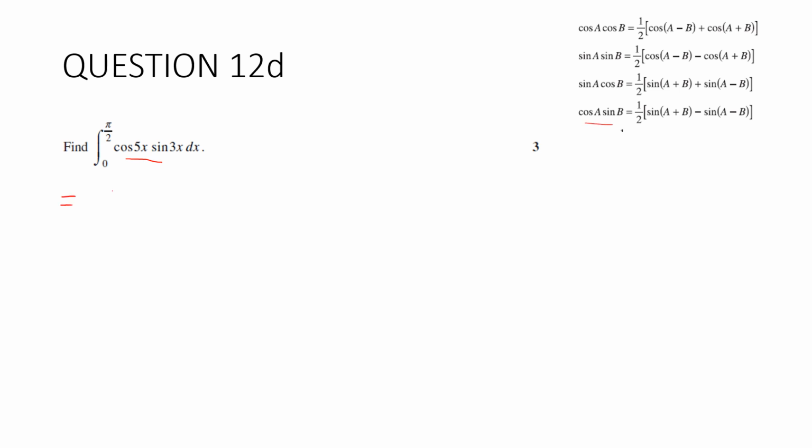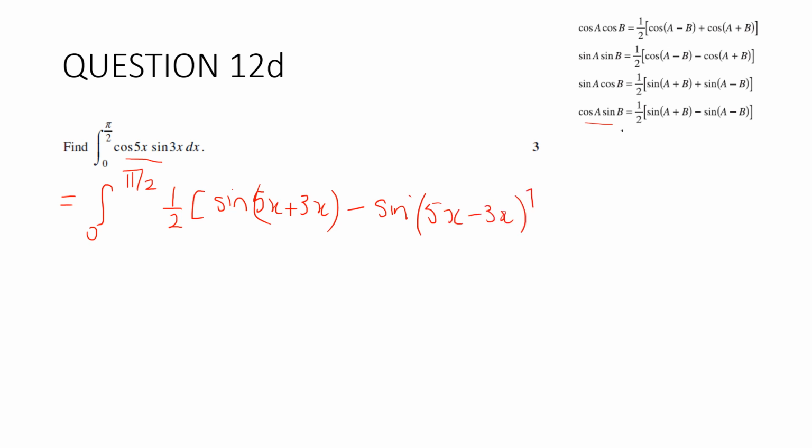So we're going to rewrite this as the integral between 0 and pi on 2 of a half, sin(a plus b), so 5x plus 3x, minus sin(a minus b), 5x minus 3x, brackets dx, which is, bring the half out, the integral from 0 to pi on 2 of sin 8x minus sin 2x dx.